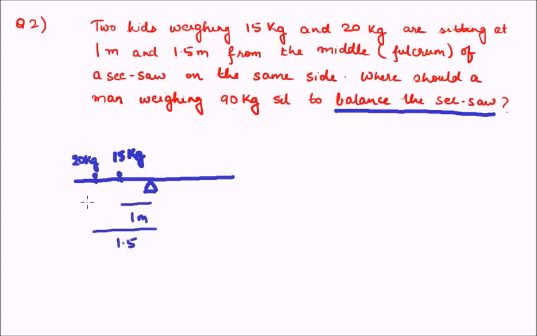And same will happen with the man if he sits on this side of the fulcrum. As a result, there is no possibility of a balance of the seesaw since all the moments are in anti-clockwise direction. Therefore, we can say that the man has to be sitting on the opposite side of the fulcrum.